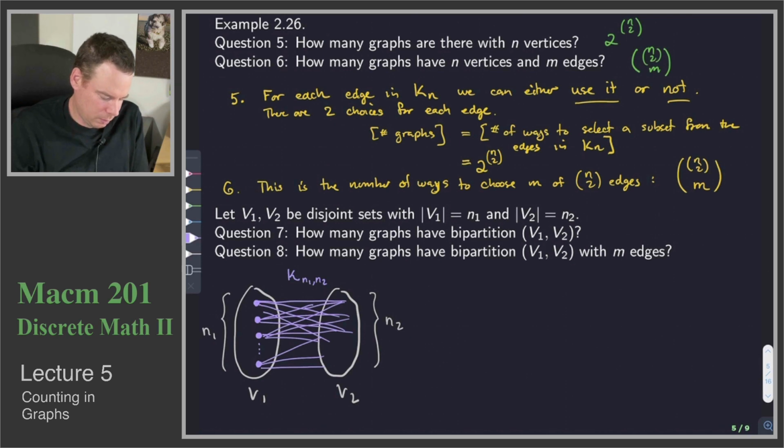So in this case, this is question number 7. How many graphs are there? Well, the number of graphs is equal to the number of subsets of edges from K_{n1,n2} we can choose.